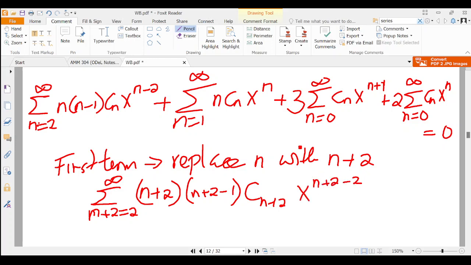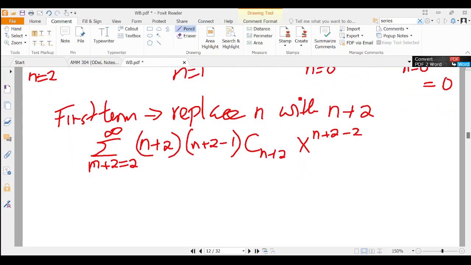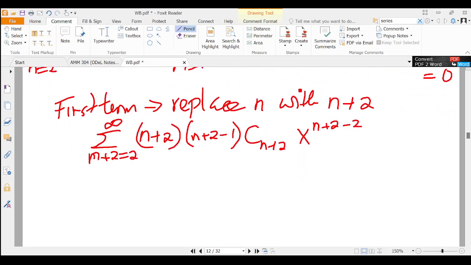So we are replacing n everywhere with n plus 2. Now when we write n plus 2 equals 2, it's the same as writing n equals 2 minus 2, which is 0.